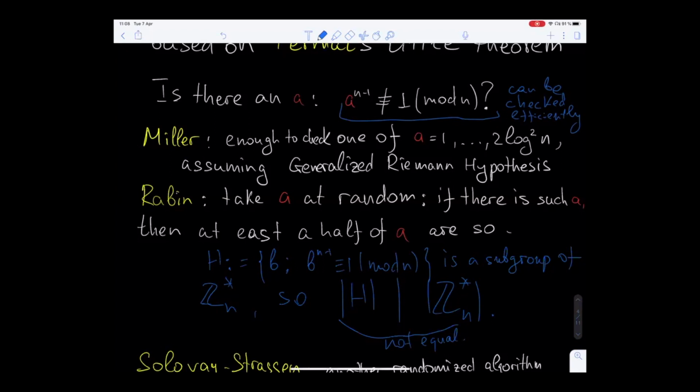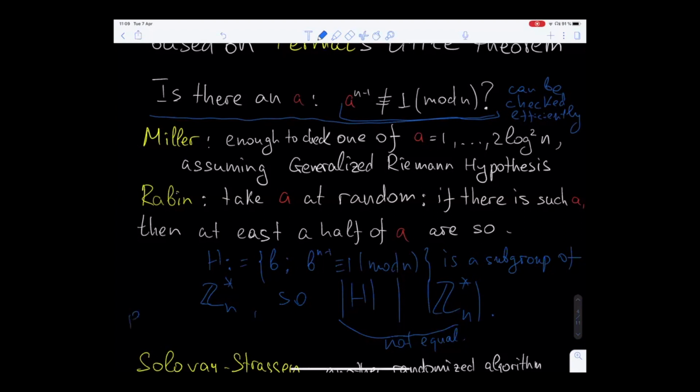There are Carmichael numbers which are composites, and for which you cannot find such an a that is not congruent to 1 mod n. So Carmichael numbers, with respect to Fermat's little theorem, behave as prime numbers.